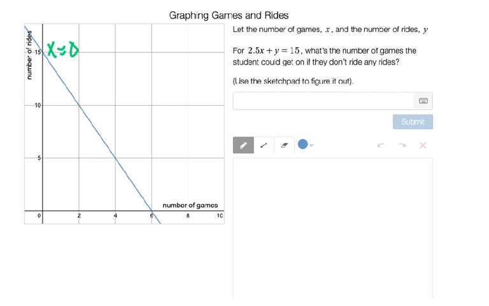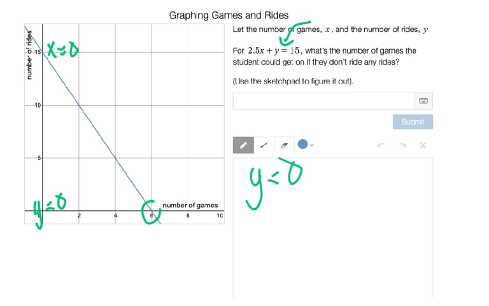So if I don't ride any rides, take a look. If y is equal to 0, how many games can I play? Well, can I read the graph?